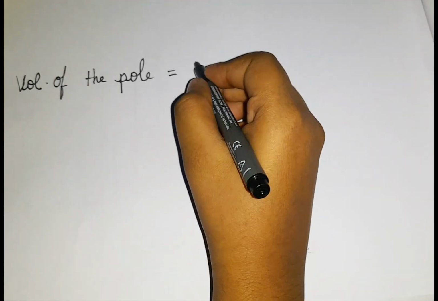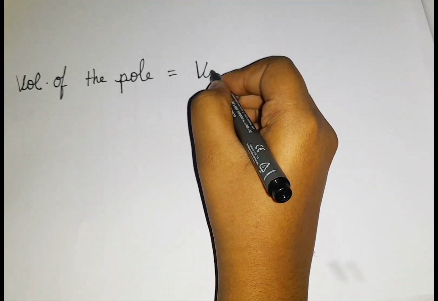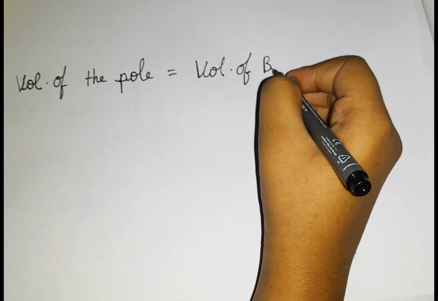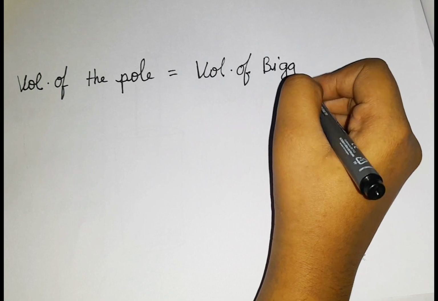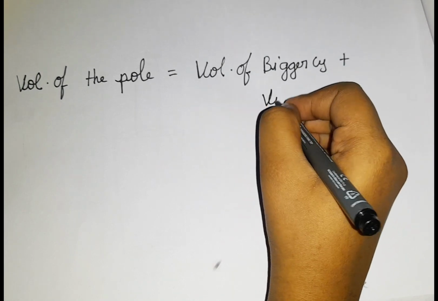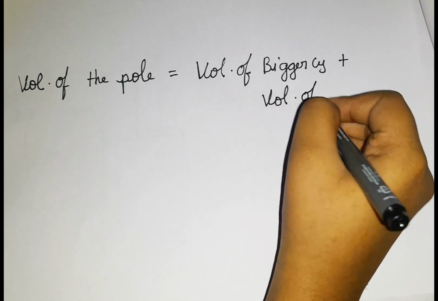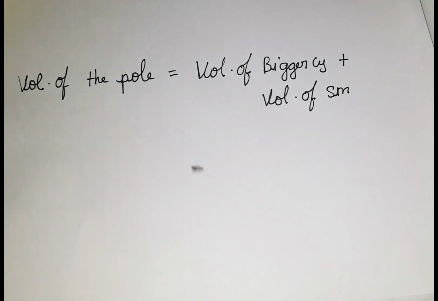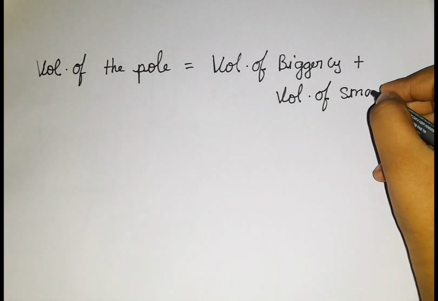Since in the pole we have bigger cylinder, let us write volume of bigger cylinder plus volume of smaller cylinder. Okay, one second.